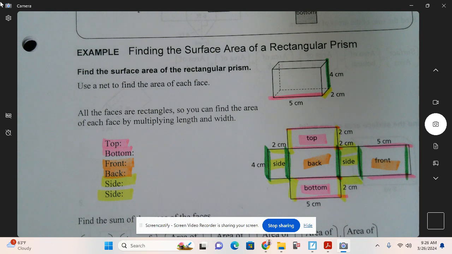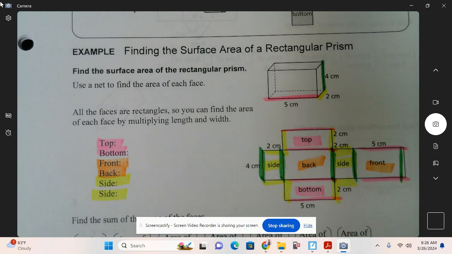So all the yellow pieces are going to be, well, how long? 2. You could also call them the right angle pieces. Elbow just sounds fun to say. All right, so all the green pieces are how long?